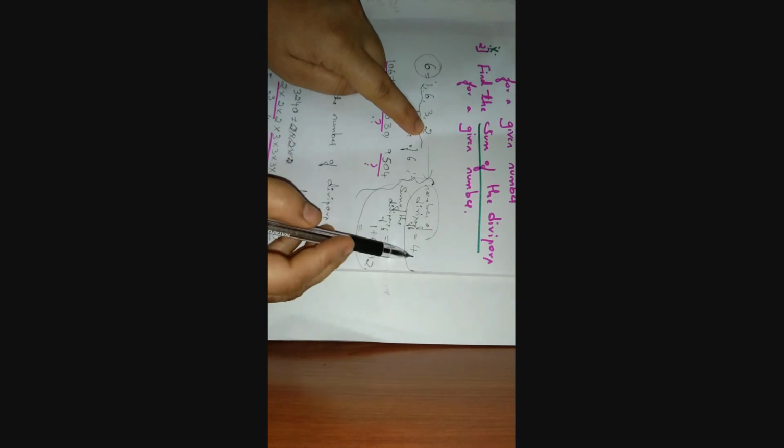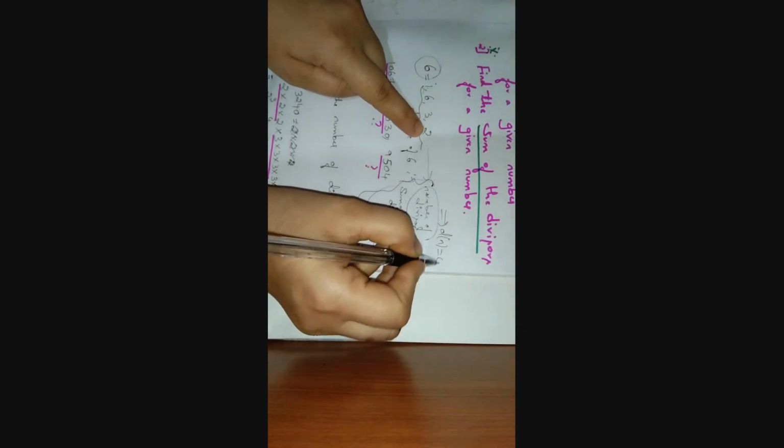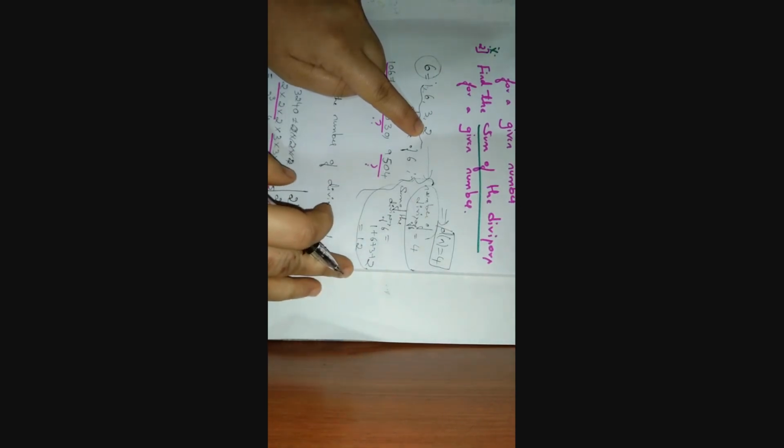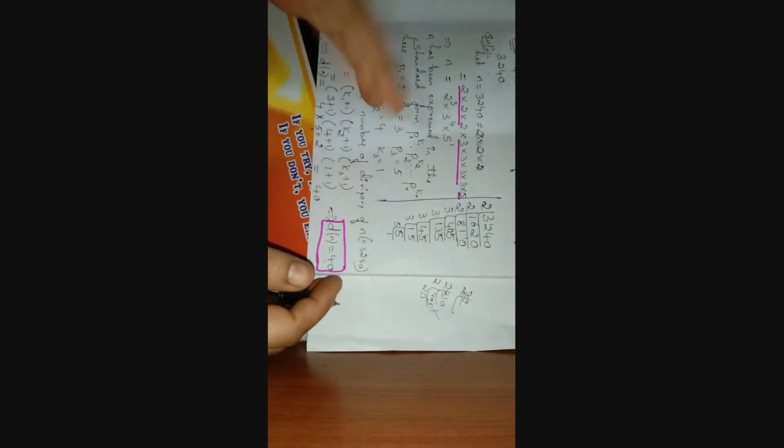What is the meaning of this? This is nothing but the number of divisors. As you have seen on the earlier slide for 6, how many divisors are there? 1, 2, 3, 4, right? This is nothing but d of n is equal to 4 for 6. In the same way, we have divisors here.